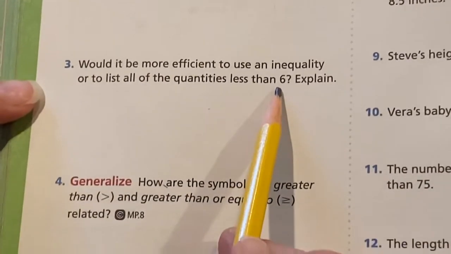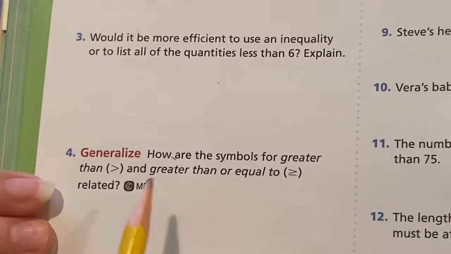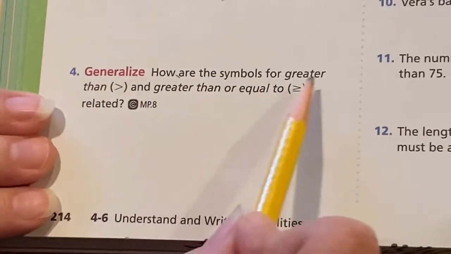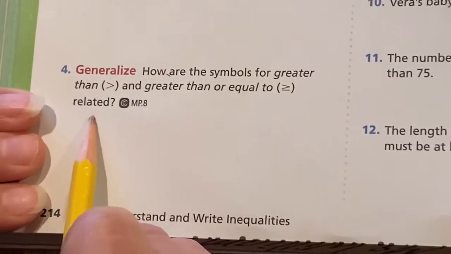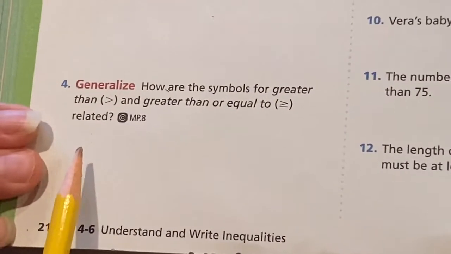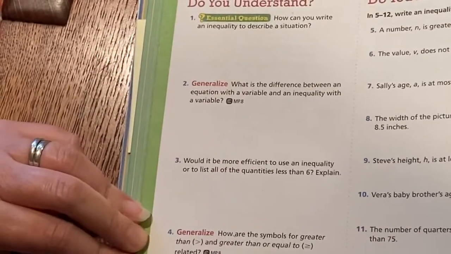Listing everything that's less than 6, or using an inequality? Okay. Generalize. How are the symbols for greater than and greater than or equal to related? Not too hard. So do those, pause the video, and then start it up again when you're ready to check your answers.